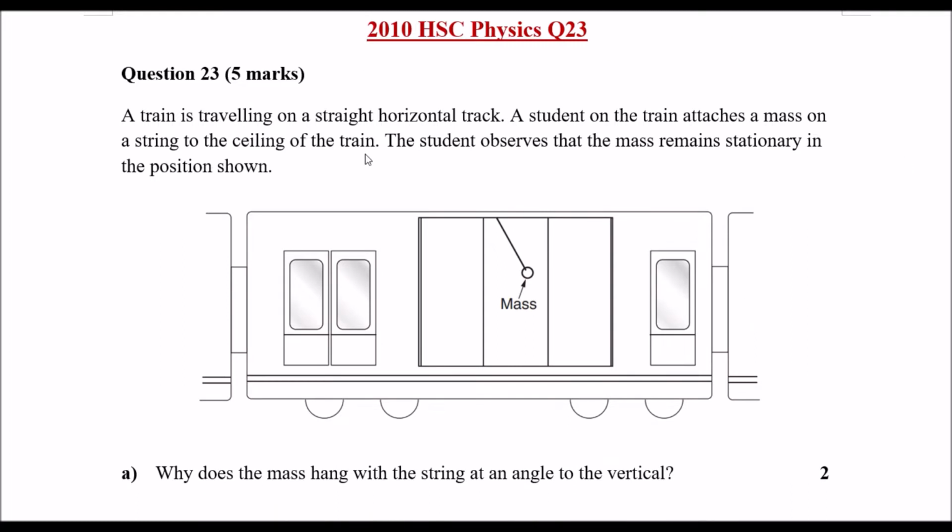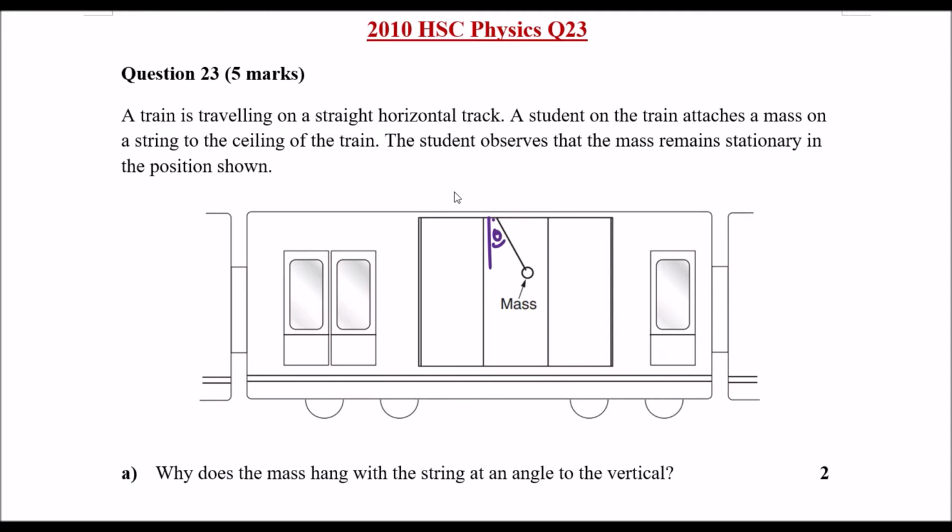So with question A here, where it says, why does the mass hang with the string at an angle to the vertical? As we can see here, if we look at the angle theta, that can mean a couple of things.